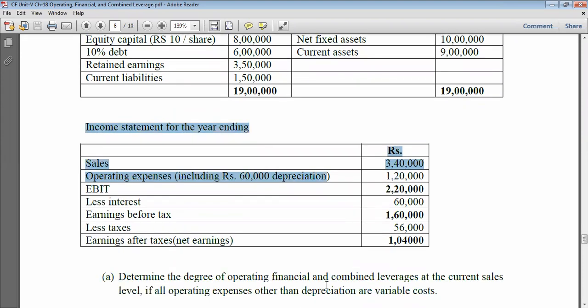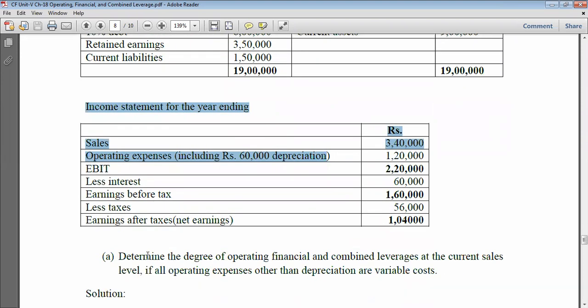Then they ask you to determine the degree of operating, financial, and combined leverage. In the previous problem, we prepared the income statement to find EBIT as well as interest separately as a working note.